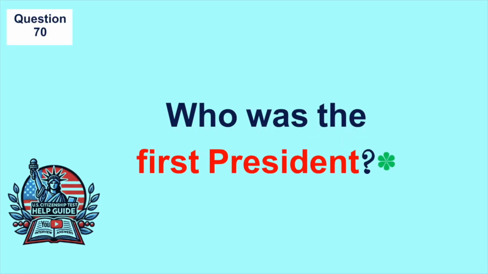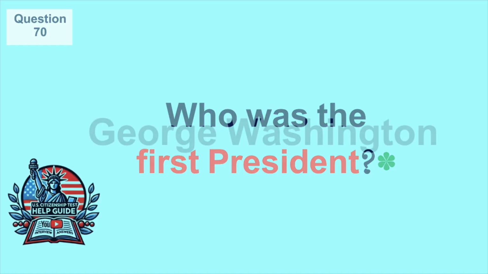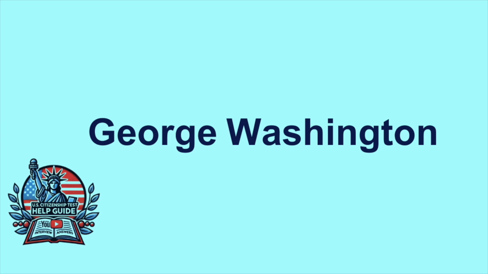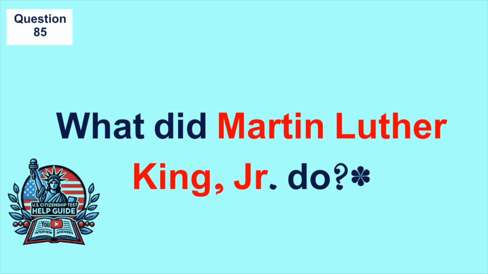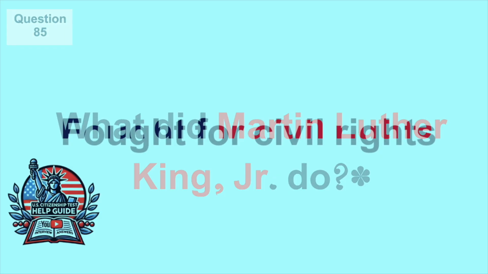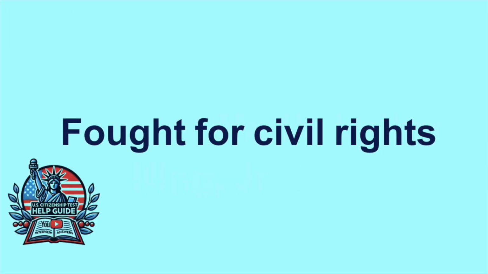Who was the first president? George Washington. What did Martin Luther King Jr. do? Fought for civil rights.